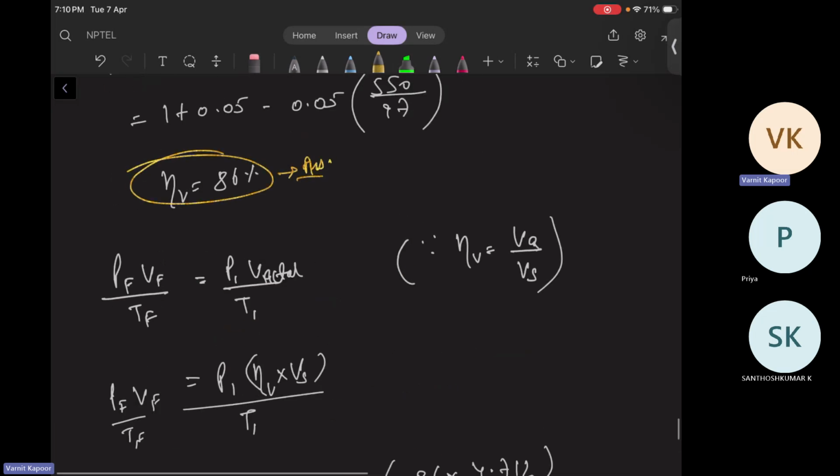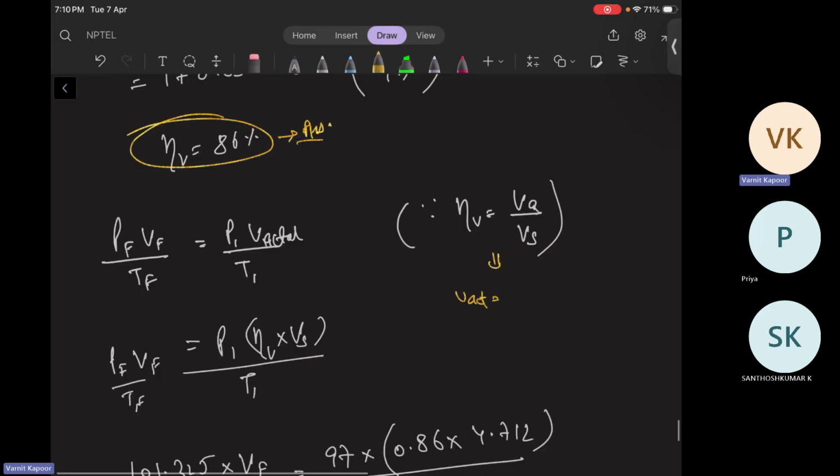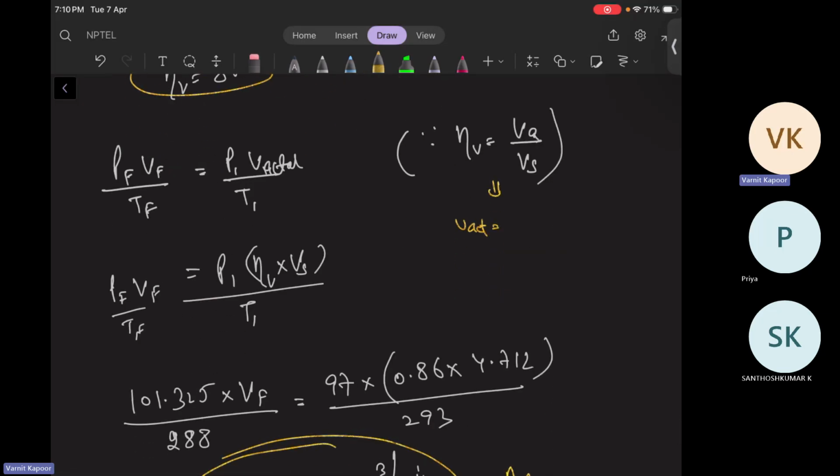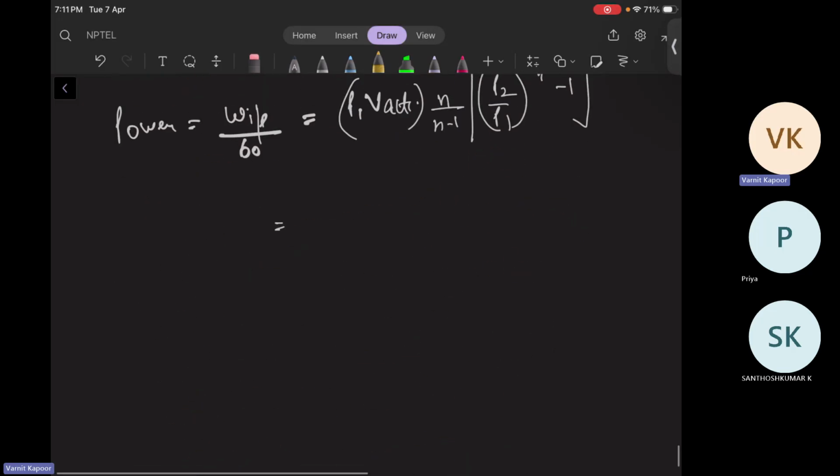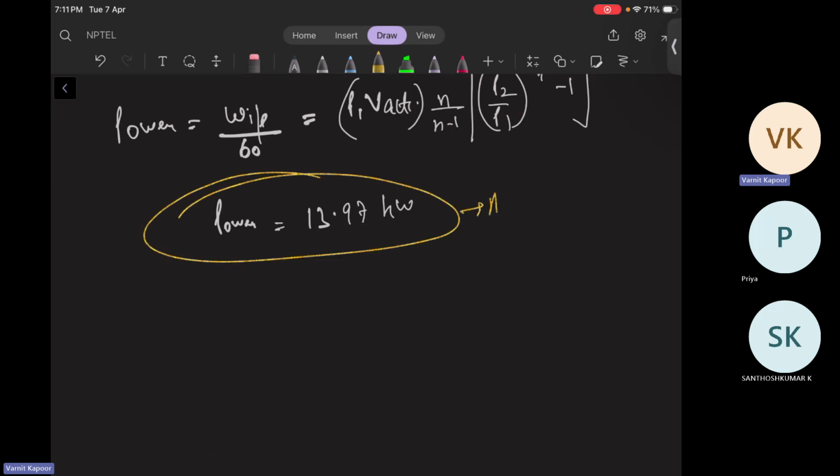From here, V actual is 0.86 times 4.712. That was your 4.05 meter cube per minute. So putting all your values, you will get your power required, that is 13.967 kilowatt. Okay.